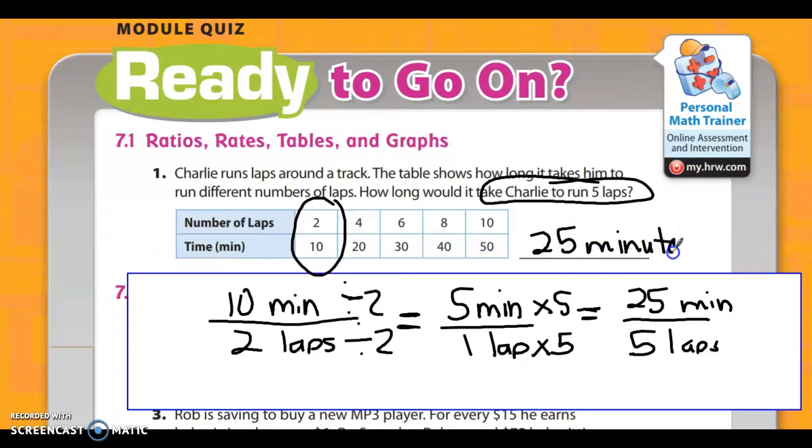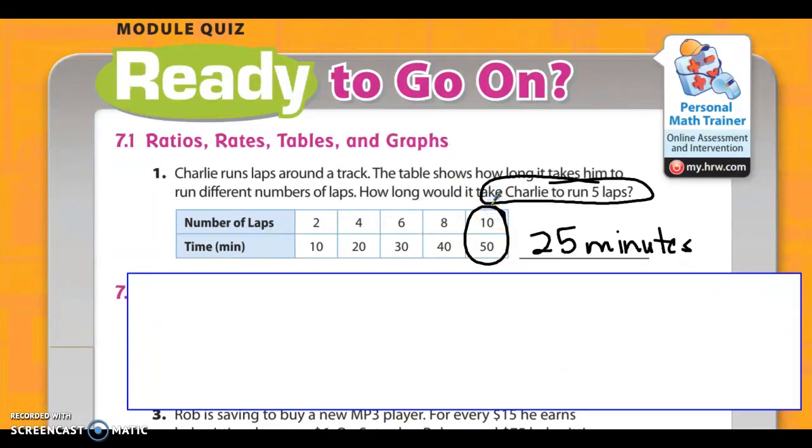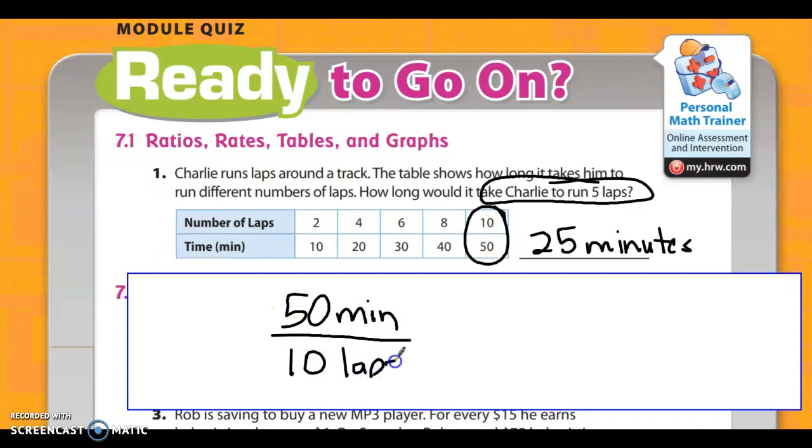Now, that's not the only way to get this answer. There's multiple ways to do this. A different way to get this answer would be to take this information right here, and interpret what that information is. It says 50 minutes for 10 laps. And we're going to say, well, we need to get to 5 laps.